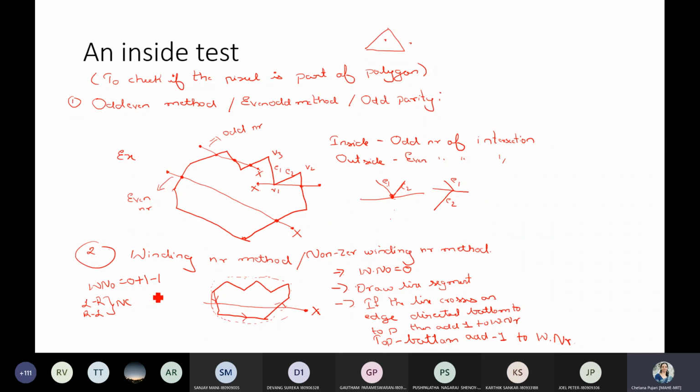If it is bottom to up, you are going to add 1. If it is top to bottom, then you are going to add -1. So in this case, the final value for your winding number is equal to 0, which means the point lies outside.